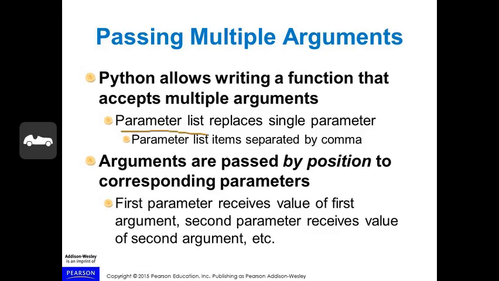So inside the parentheses, instead of only having one parameter, you have a list of parameters separated by commas. And when you pass arguments to the parameters, they are passed by position, which means the first parameter receives the value of the first argument, the second parameter receives the value of the second argument, etc.